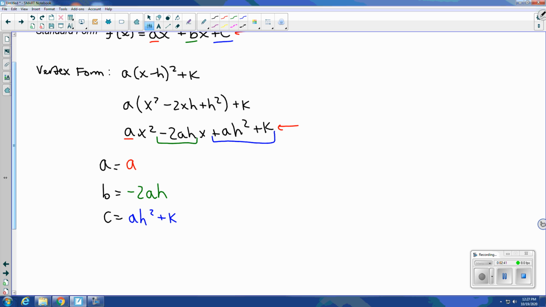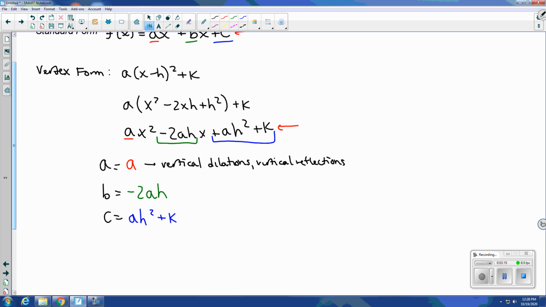And because A in the standard form is the same as A in the vertex form, that means it should reveal the same information. So A in standard form tells us still vertical dilations. It tells us whether or not the parabola opens up or down, so we can think of that as direction or vertical reflections. Okay. So A still means the same thing.